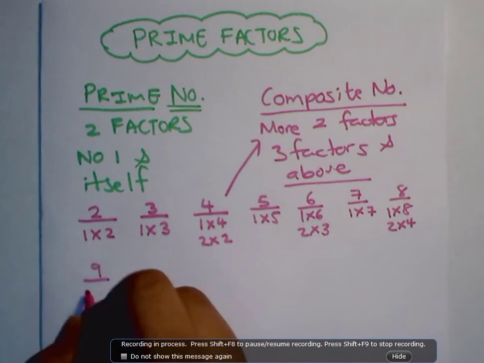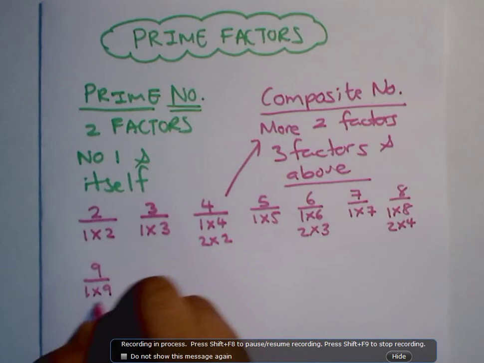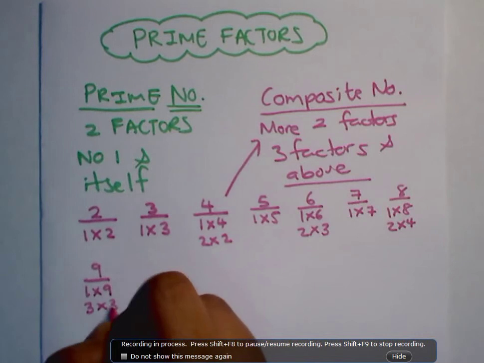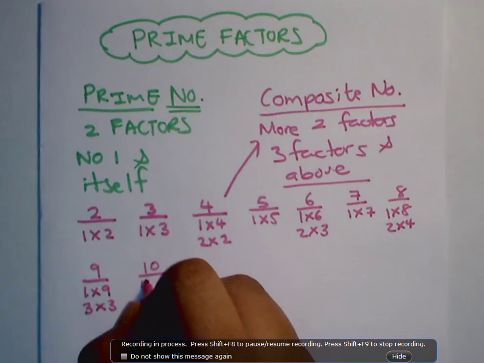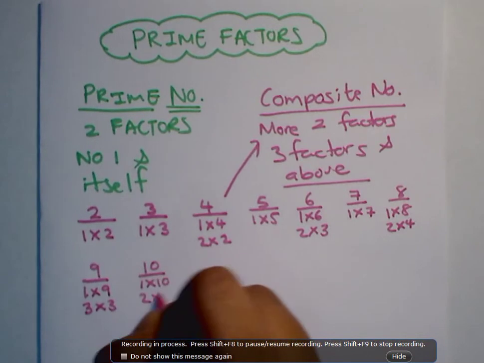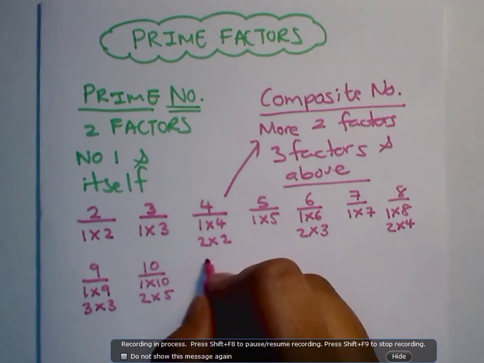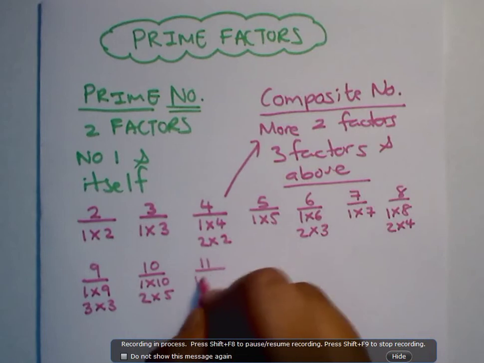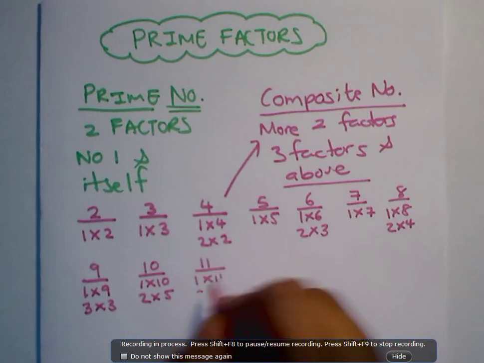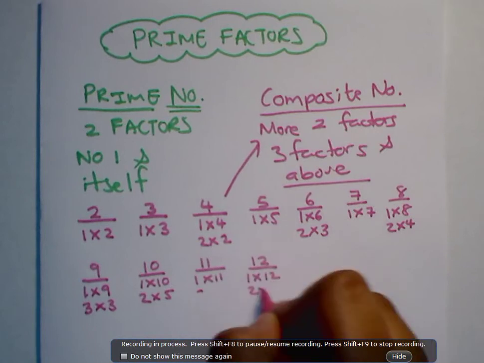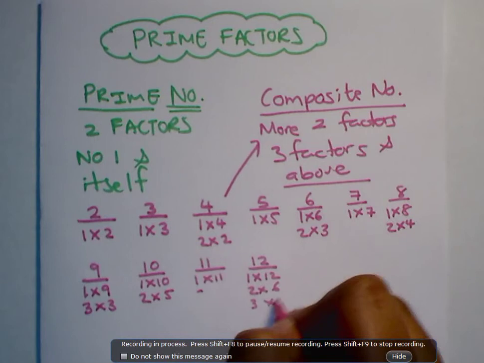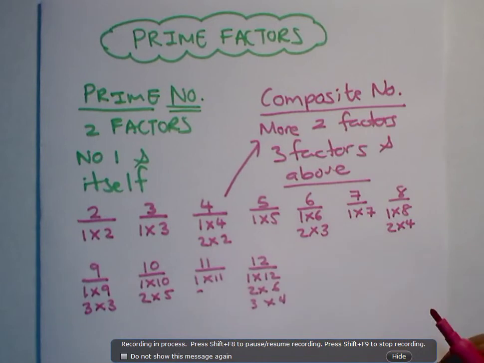We have 1 times 9, 3 times 3. Nope, it's a composite number. 10. 1 times 10, 2 times 5. Next we have 11. 1 times 11. And anything else? Nope, so it's a prime number. Next, 12. 1 times 12, 2 times 6, 3 times 4. Nope, that's a composite number.